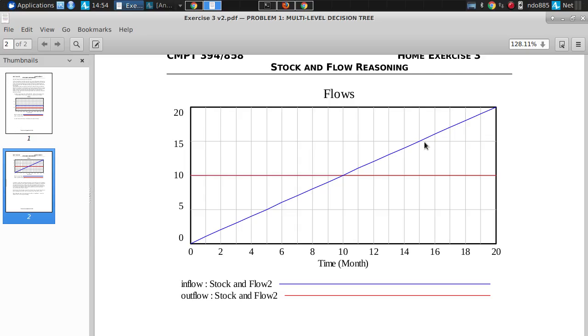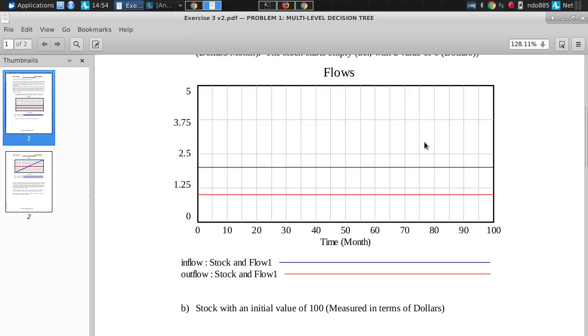It'll be rising at different rates at different points of time. Does that help? Yeah. Okay. So it's a good question. Here, by contrast, it's a fixed inflow, and we have it changing by a straight line. Okay, good.